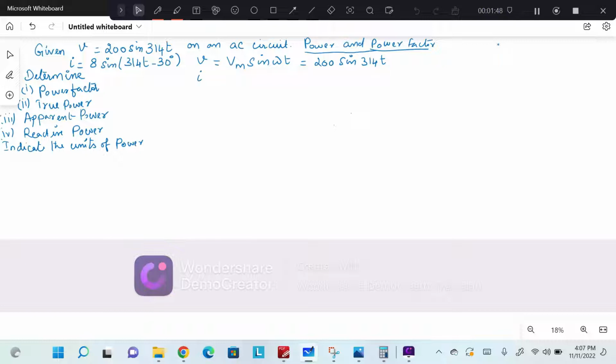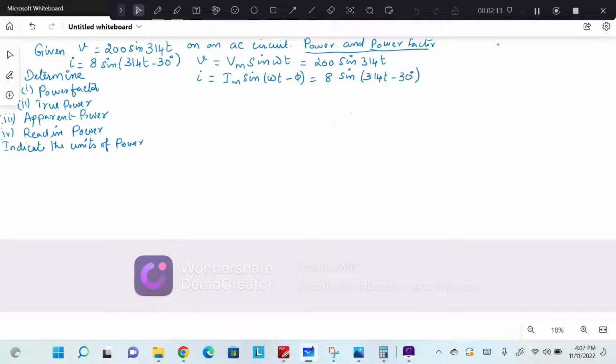Then the instantaneous value of the current is given as Im sine of omega t minus phi. So that is 8 sine of 314t minus 30 degree. Okay, so V and I are given in this format.